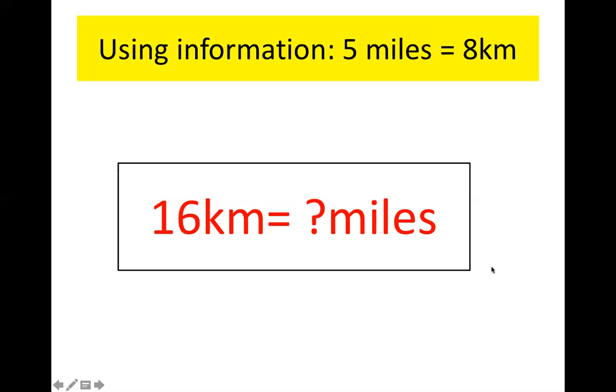Okay, so what you want to do is you always want to find for 1 mile first. So 5 apples is 8 ringgit. 1 apple is 8 divide 5. 8 divide 5 is 1.6. So 1 mile is 1.6 kilometer. So 16 miles will be, you times 16. So 1.6 times 16, you should get 25.6.